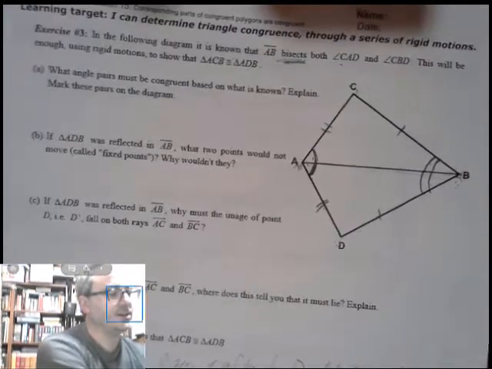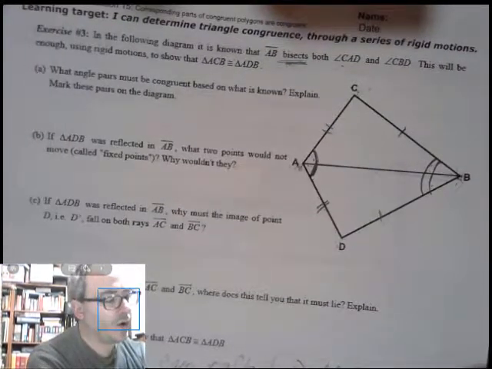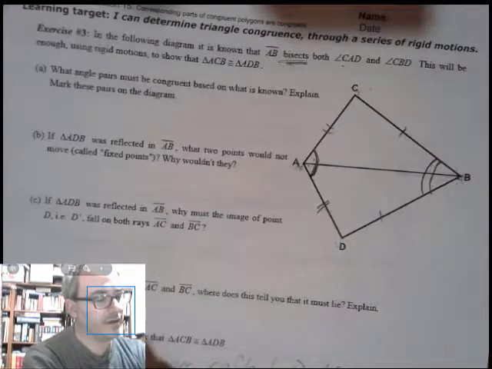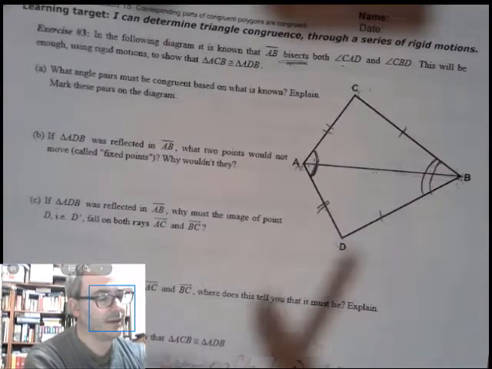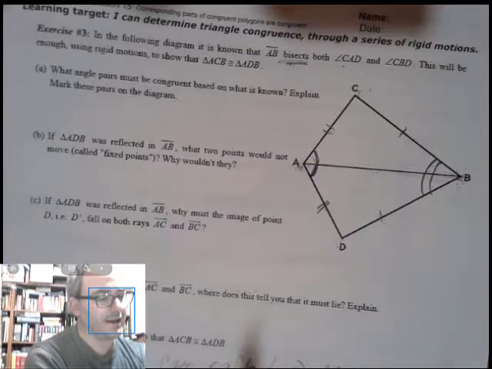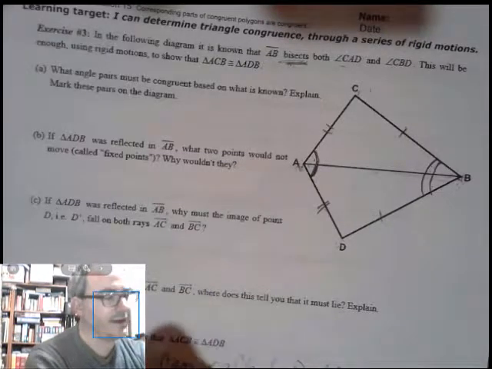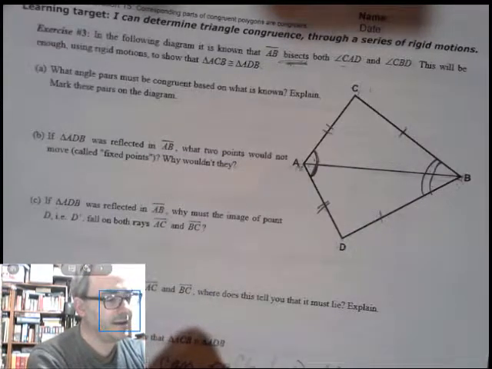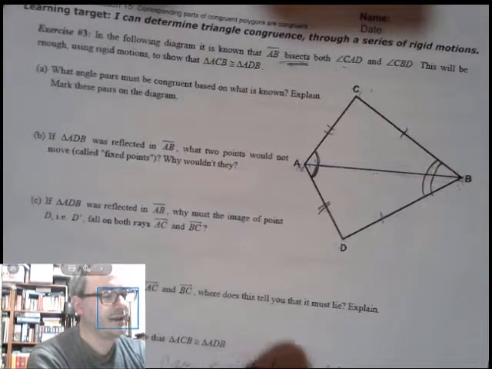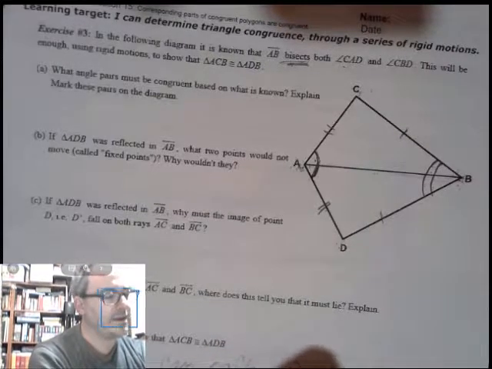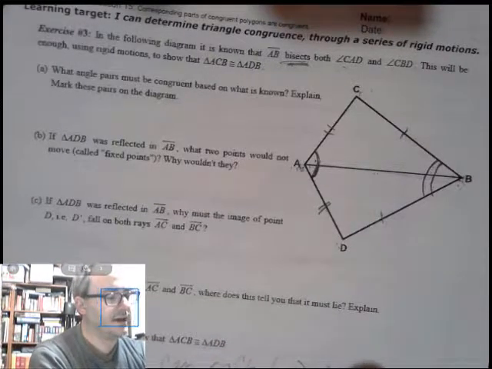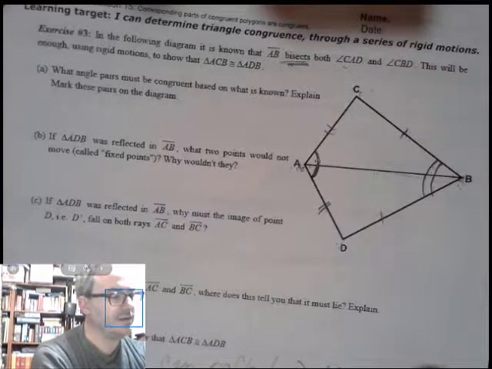I can reflect triangle ACB over line, that was a terrible line, over line AB, and map it on triangle ADB.